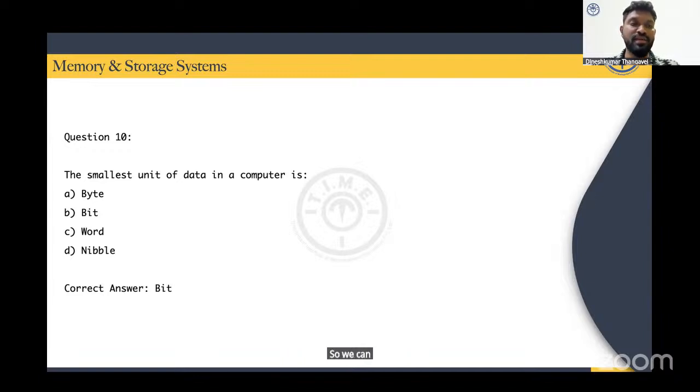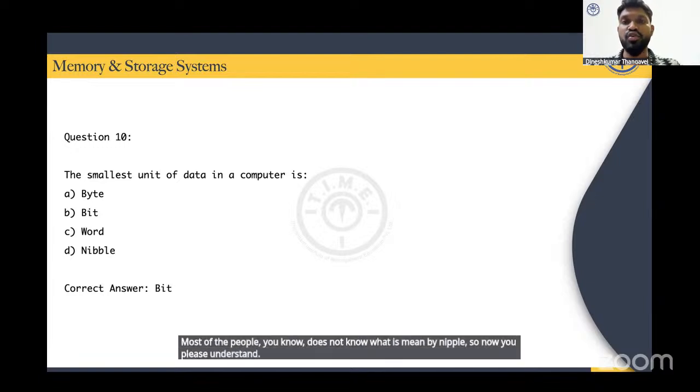So based on that, the answer is bit. In computers, everything is based on binary, zeros and ones. The smallest possible unit is the bit, which is a binary digit. Four bits are called a nibble, right? So totally 8 bits make a byte. If you consider only 4 bits, it is called a nibble. Most people do not know what is meant by nibble. So now you please understand.